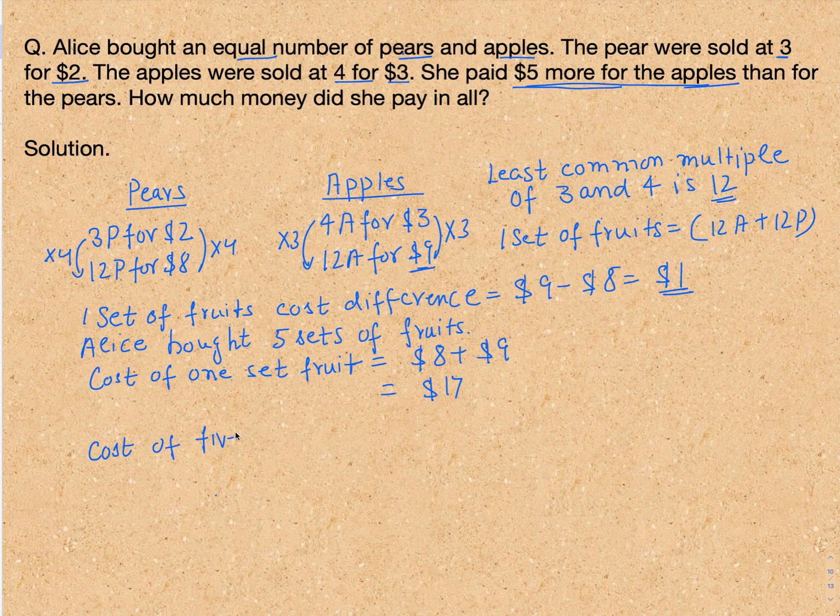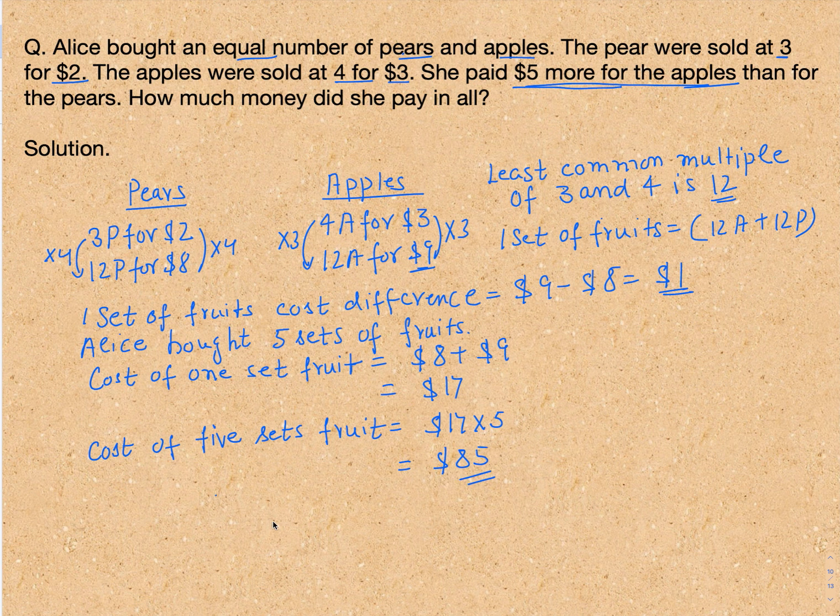She bought 5 sets, so it will be 17 times 5, which gives you $85.